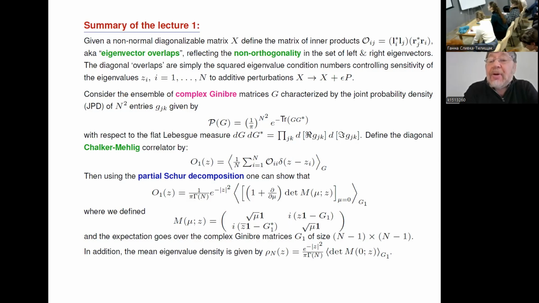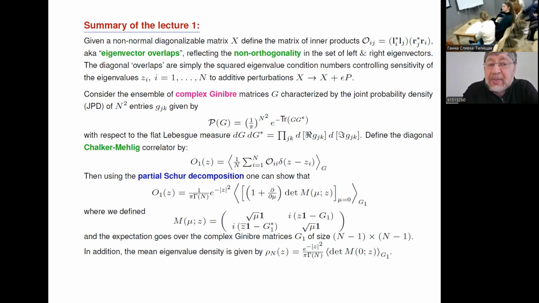Diagonal overlaps, the diagonal entries of this matrix, we discussed that they are just squared eigenvalue condition numbers, which control sensitivity of eigenvalues, the z_i's of this matrix X, against additive perturbation of the matrix.